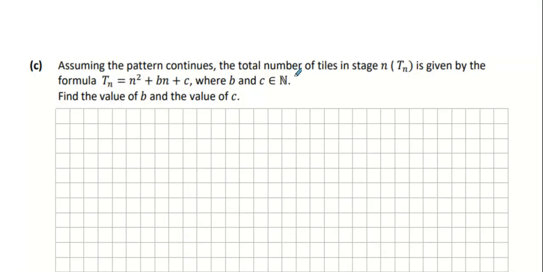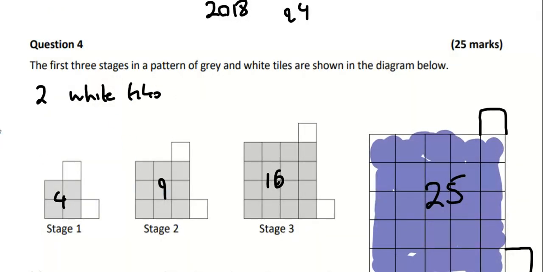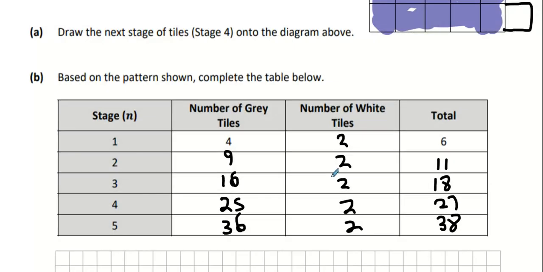Assuming the pattern continues, the total number of tiles at stage Tn is given by this formula right here. Find the value of B and value of C. So we're going to use T1 and T2. We know that total tiles in T1 is 6, and total tiles in T2 is 11.